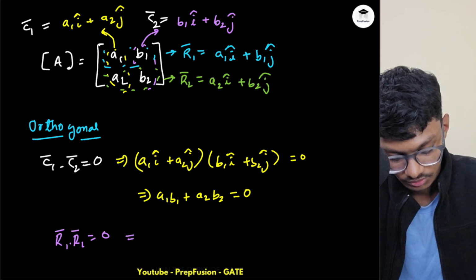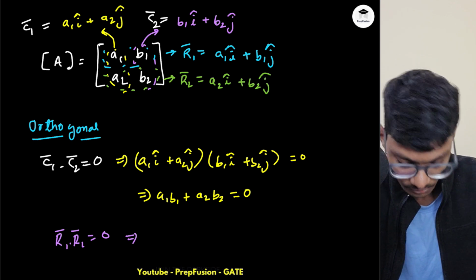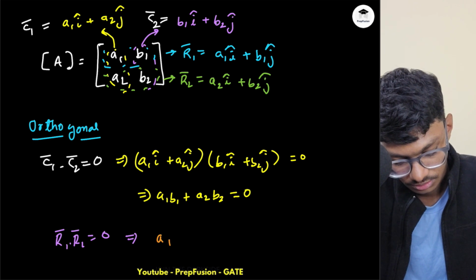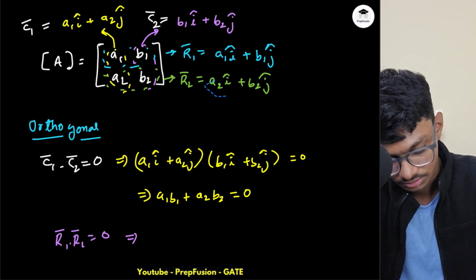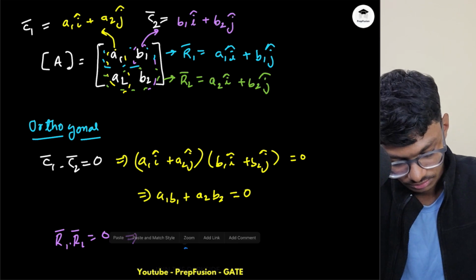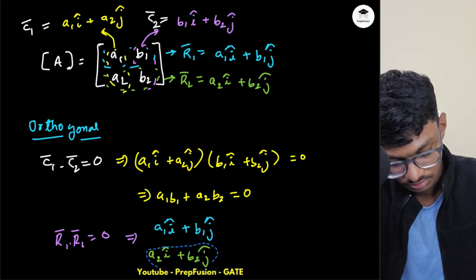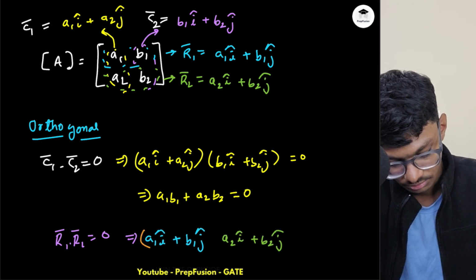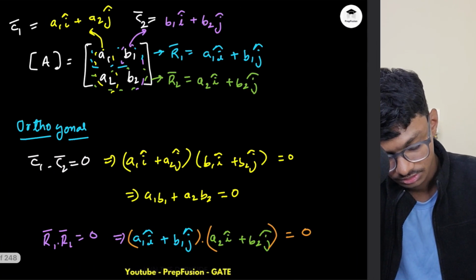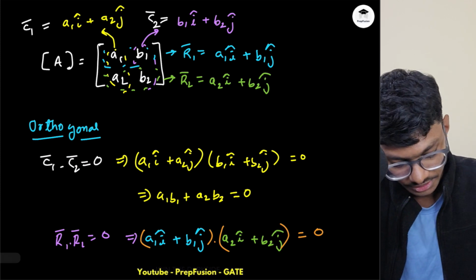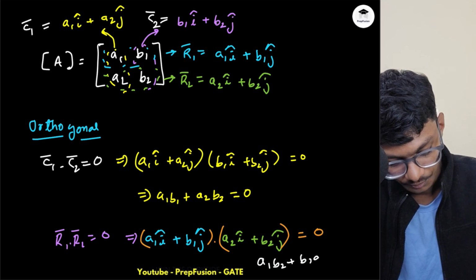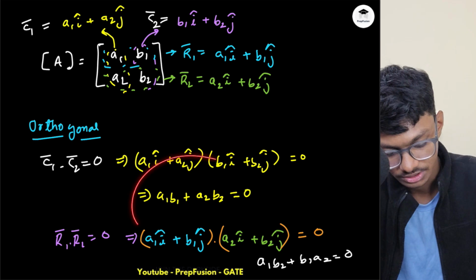So if these are equal to 0, this means that, I will copy these two rows basically, has to be equal to 0. That means this relationship has to be followed, that is a1 b2 plus b1 a2 equals 0. So these two relationships have to be followed.